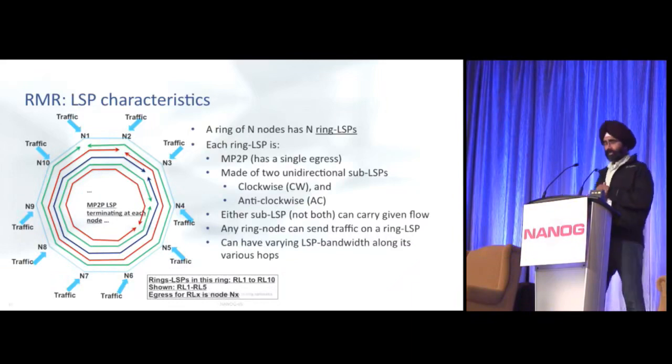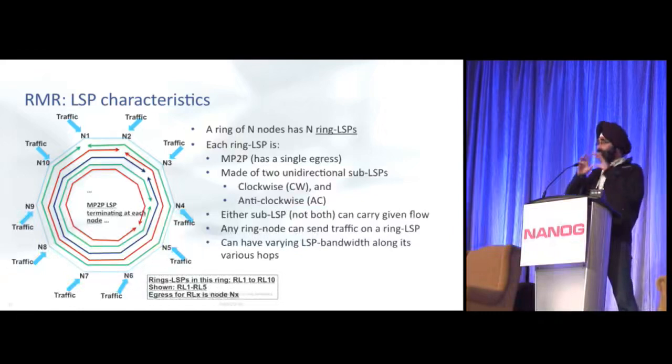So now, talking about nodes N3 and N4 as representatives to illustrate how this MP2P LSP will work: traffic that ingresses at N4 intended to go to N1 will have a label pushed on it. Actually, before that, the ring LSP is made of 2 sub-LSPs, one going in the clockwise direction, the other going in the anti-clockwise direction.